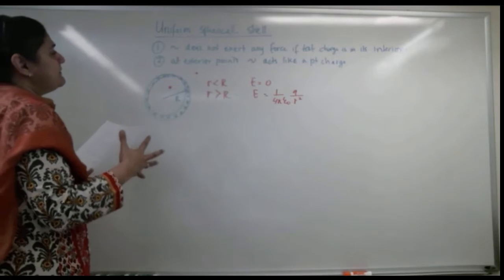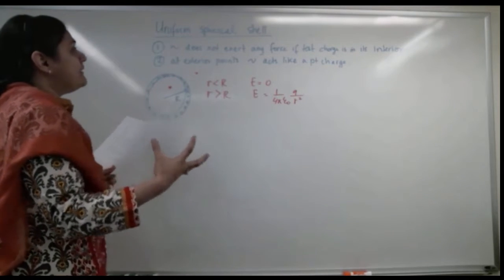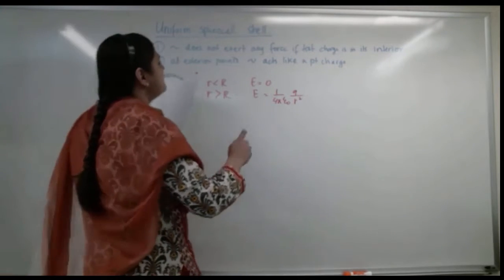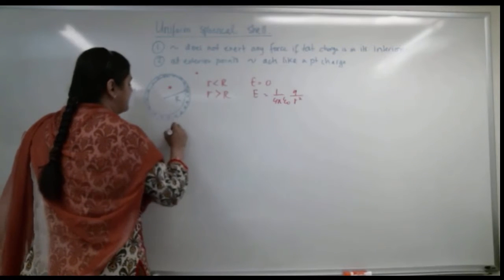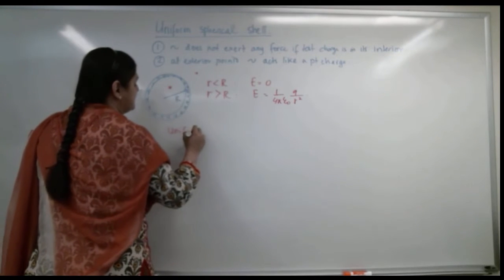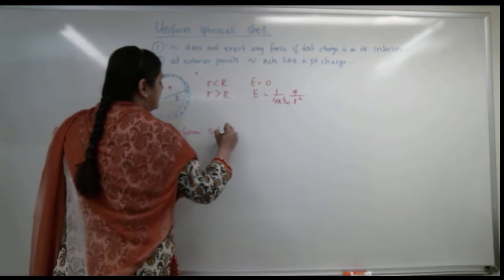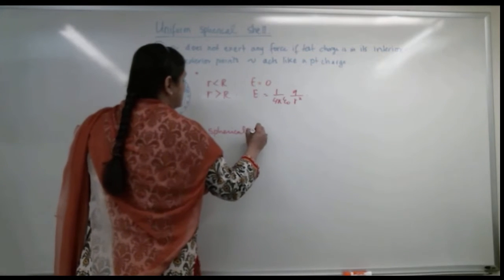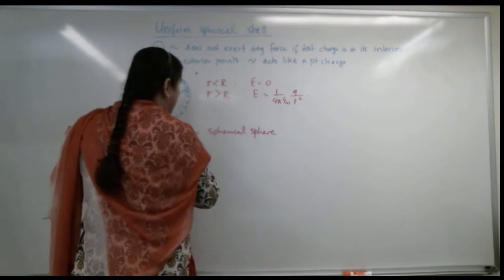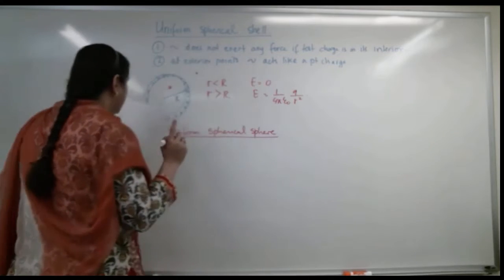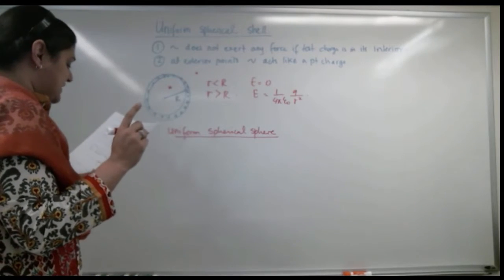What about if instead of a shell, you now have a uniform spherical sphere? What happens in that case? Well, now this case becomes really interesting.